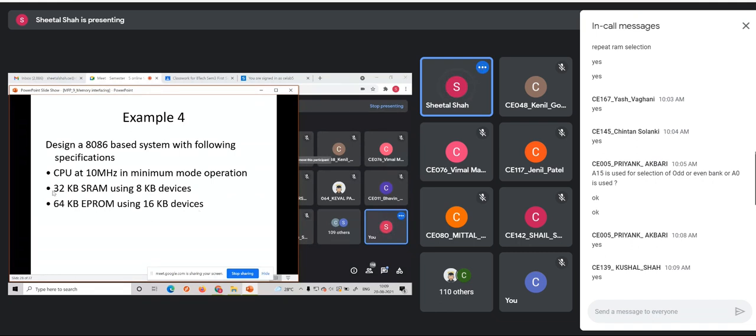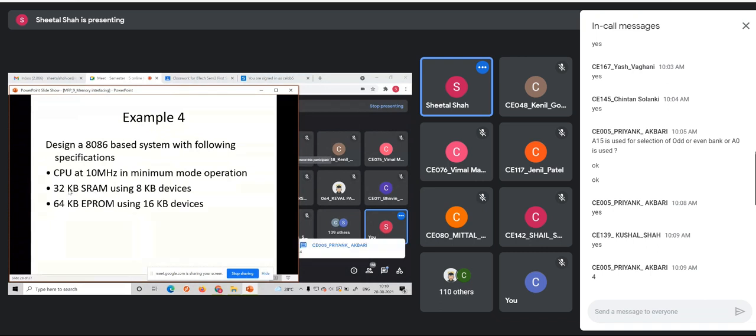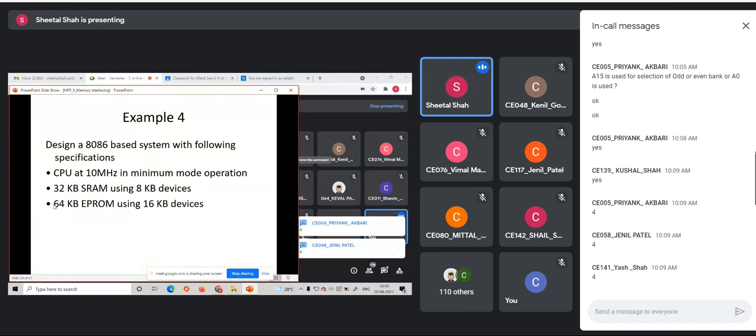That means the required capacity of the RAM is 32 kilobyte, but the available IC is only of 8 kilobyte. So how many ICs would be required to get this 32 kilobyte RAM? 4 such ICs would be required. Similarly, here also we may require 4 EEPROM ICs to get the 64 kilobyte EEPROM.